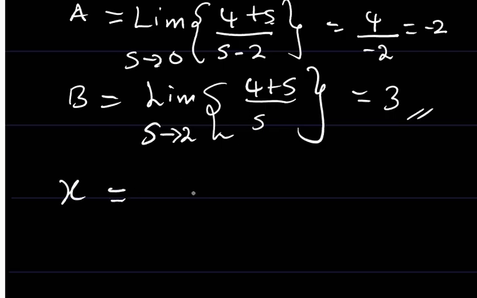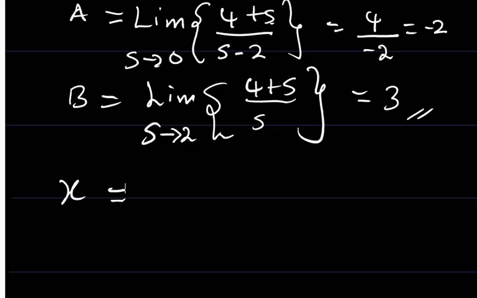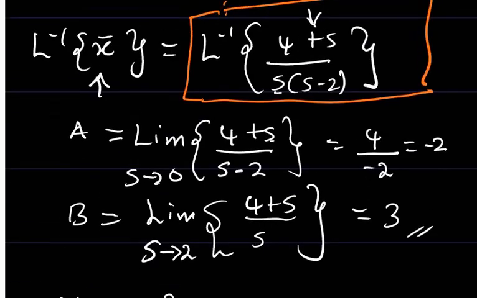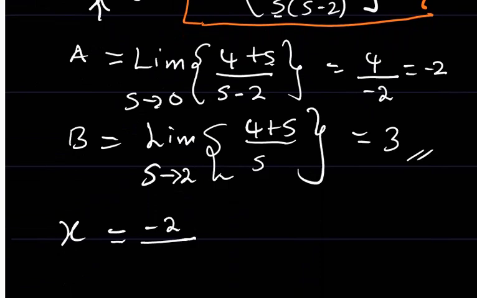Then the inverse Laplace transform of this, we've already done that, which of course is a, that is minus 2 all over s, plus b, which of course is 3 all over s minus 2.